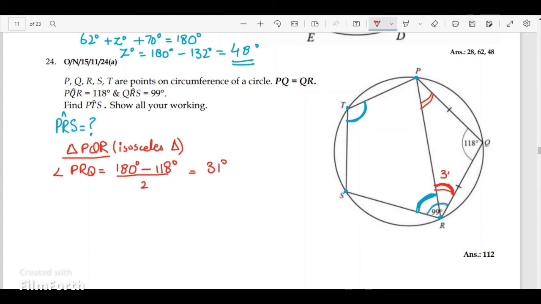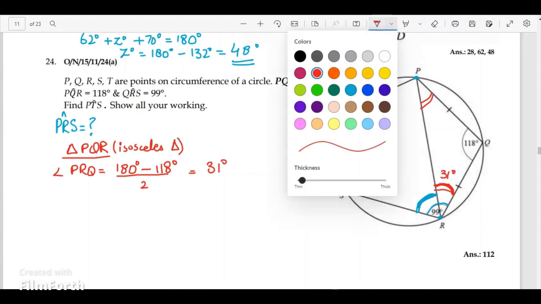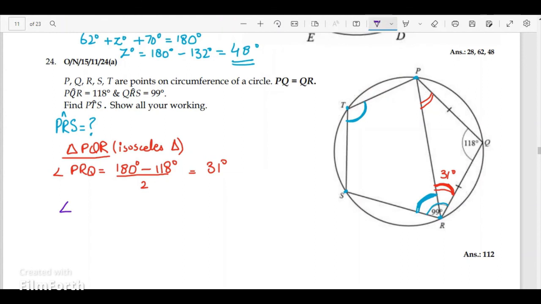That means this bit is 31 degrees. The main objective was basically to find angle PRS, this bit. So now this bit would be equal to 99 degrees minus 31 degrees. So the answer would be 68 degrees.